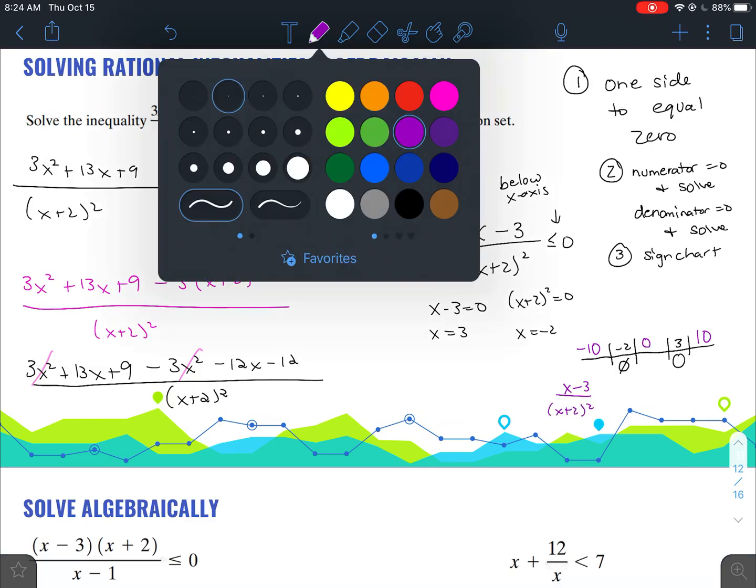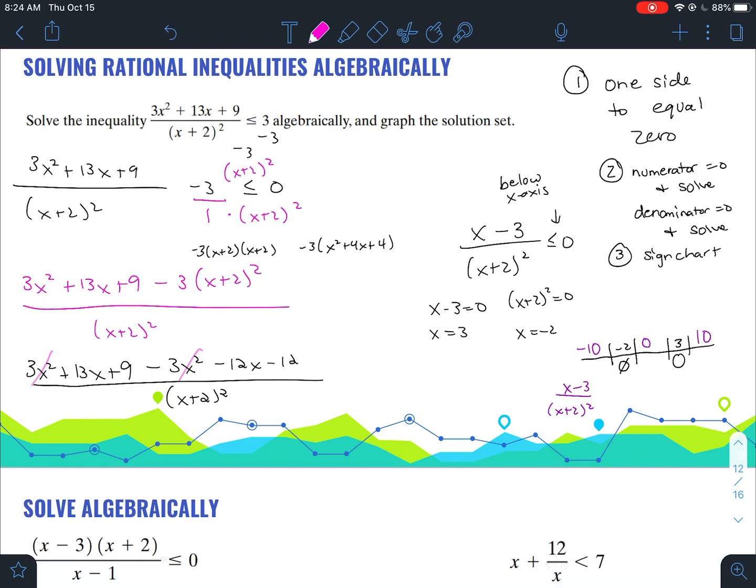If I plug negative 10 into the numerator, I get a negative. If I plug negative 10 into the denominator, well, since it's squared, it's going to be positive. So that little piece of the graph is going to be below the x-axis because all of those values are going to be negative. If I plug in 0, I get a negative over a positive, so those are also going to be negative. If I plug in 10, I get a positive over a positive, which is positive.